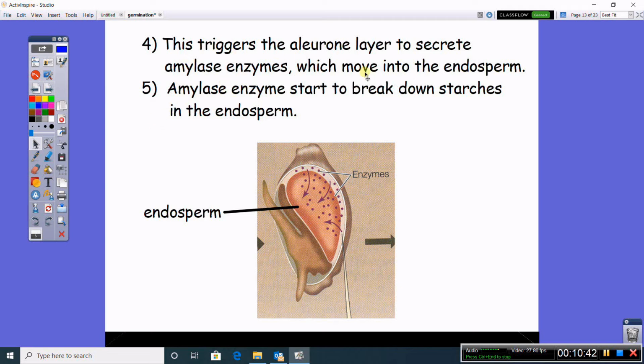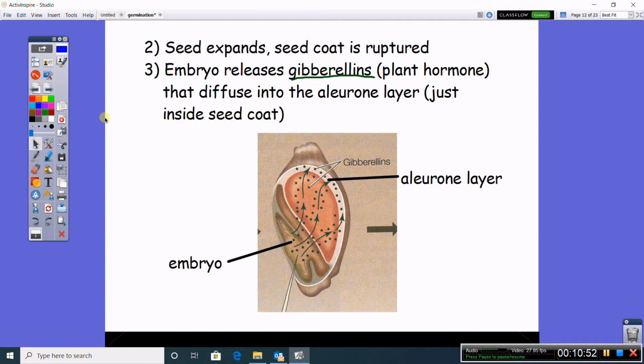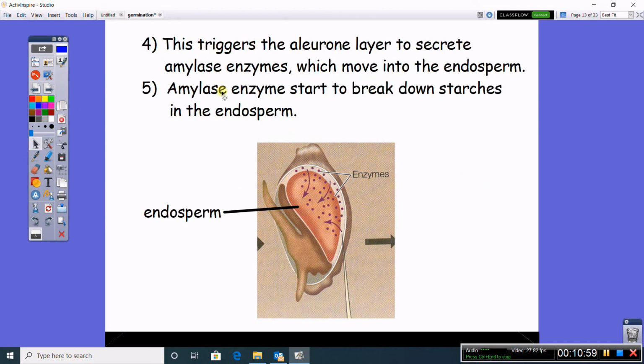Okay, this is going to trigger the aleurone layer to secrete something of its own. It's going to secrete amylase enzymes, which move into the endosperm. So if we go back, the embryo releases gibberellins, which go to the aleurone layer, this white layer.